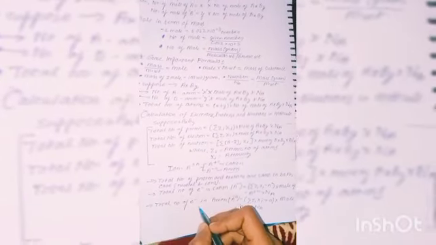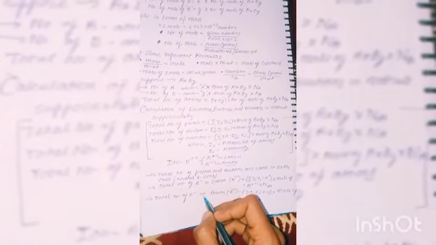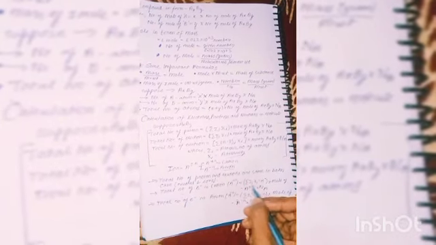Total number of electrons in anion is equal to sigma of atomic number of atoms into atomicity plus n, into mole of anion, into Avogadro number. Here the difference is the plus and minus. Here we add, here we subtract, and here we multiply with cation, here we multiply with anion. It is the same thing we can do.